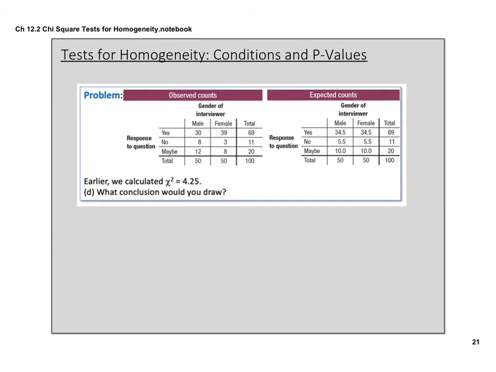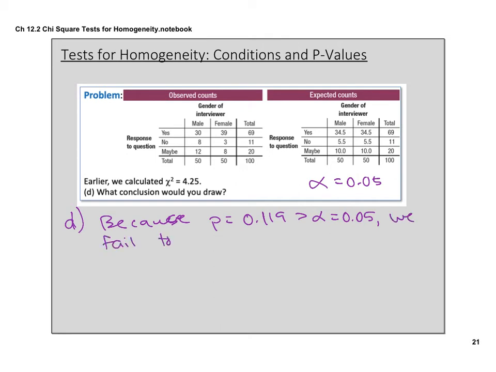Okay, so then the last one, what conclusion do we draw? This is where we would compare to a p-value. So let's talk about comparing to a p-value. If we use alpha equaling 0.05, what does that mean for us? So because p equaling 0.119 is greater than alpha equaling 0.05, we fail to reject the null. Then put it in context.